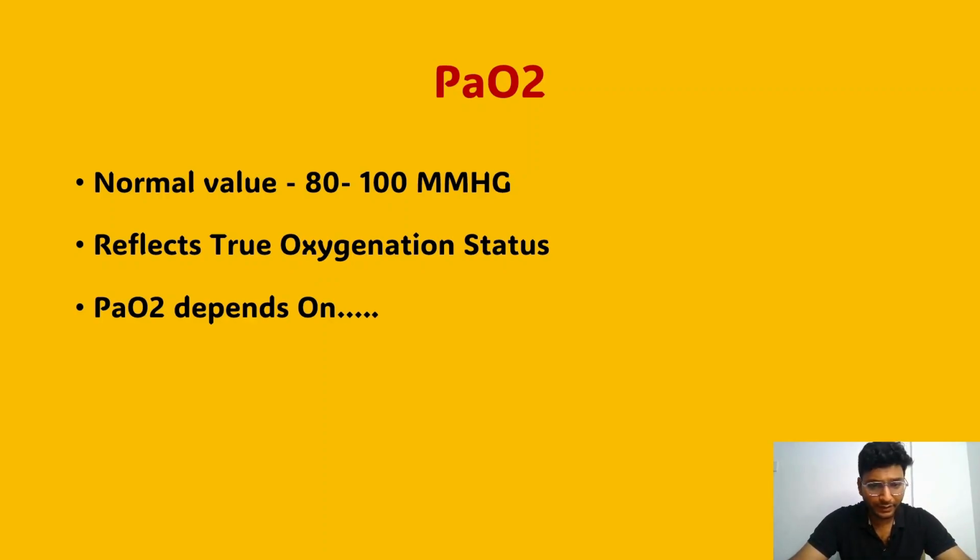It depends upon the altitude where you are staying. As the altitude increases, the partial pressure of oxygen decreases, and it also depends upon the inhaled concentration of oxygen. In room air FiO2 is 21%.